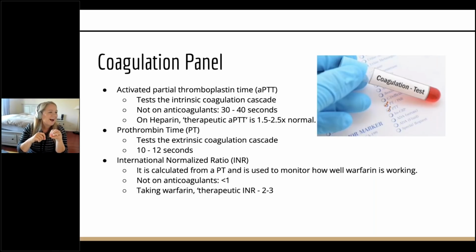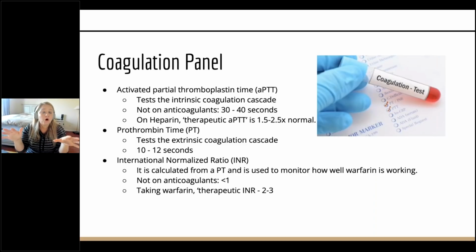That first lab is the activated partial thromboplastin time, APTT. It basically looks at that intrinsic coagulation cascade, and it says, how long are you taking here to make a clot?